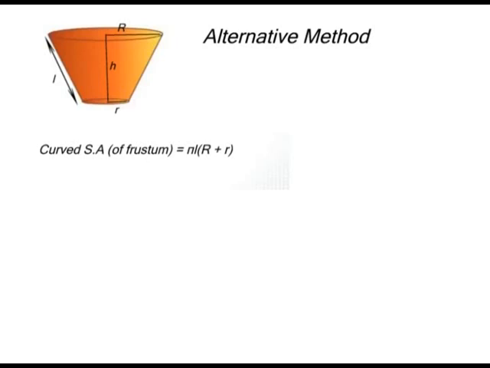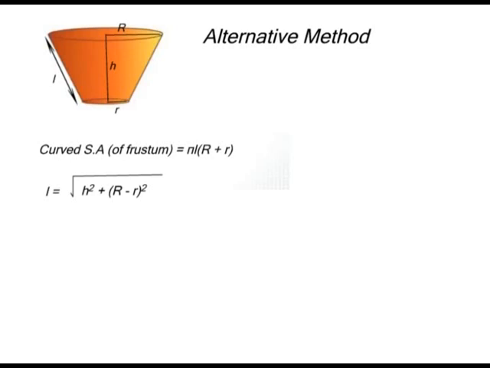Notice that L here is the slant height of the frustum and not the entire original cone. If L is not given, it can be calculated using this relationship: L is equal to the square root of h squared plus (R minus r) squared.